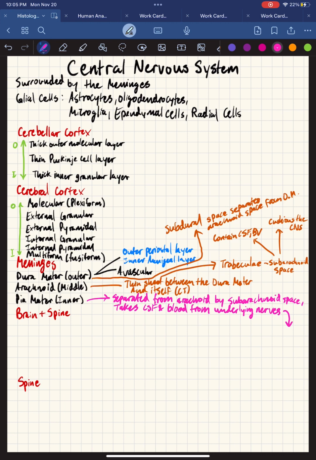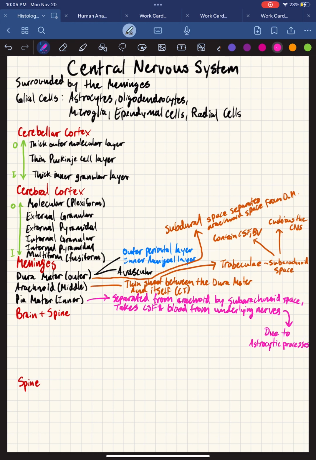And this is all caused by astrocytic processes. So the astrocytes, one of the glial cells of the CNS, are responsible for this process occurring.